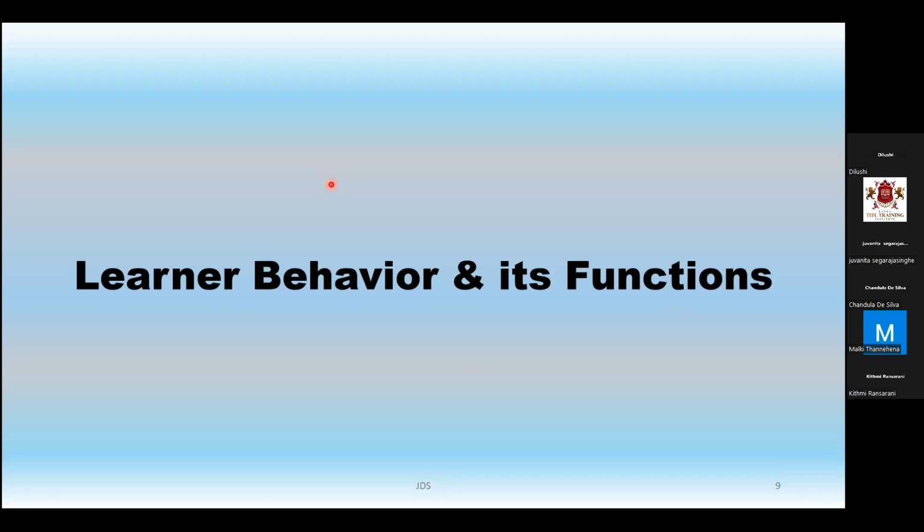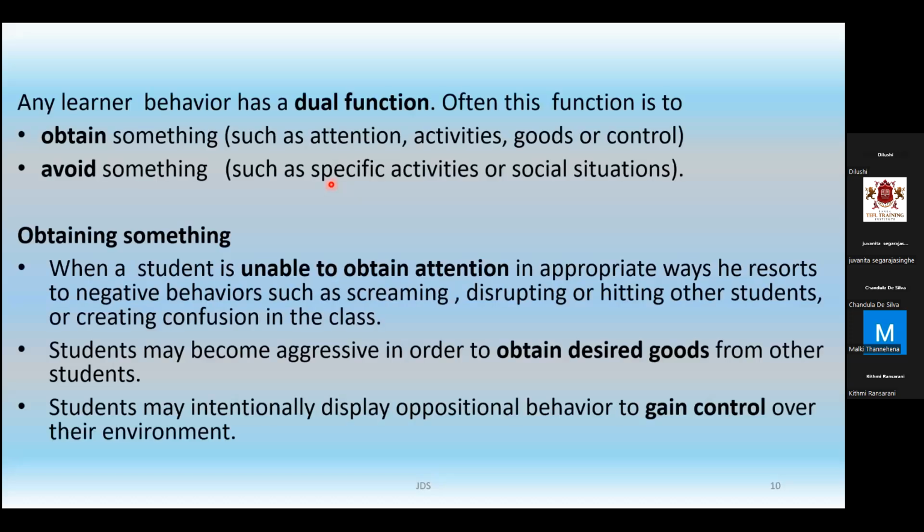Right, so then we move on to learner behavior and its functions. Why people behave in a particular manner. See, any learner behavior has a dual function, right? With the aim of either obtaining something or avoiding something, learners behave in a particular manner.